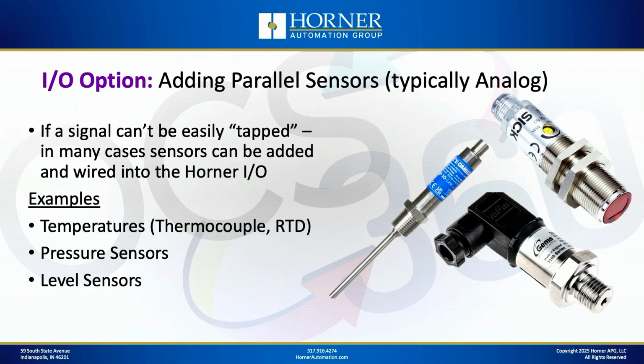And this could be a great approach for an application where maybe there's a process going on, and it's a really older machine, you don't have any way of tapping into it data-wise, and you're not even sure what sensors to use to tap into, so you just add additional sensors, maybe additional temperature sensors for temperature monitoring, or pressure sensors, maybe level sensors. Lots of sensors that are available that you can easily add to a process or a machine that can be used to independently monitor what's happening with that machine. So that's another option you have.